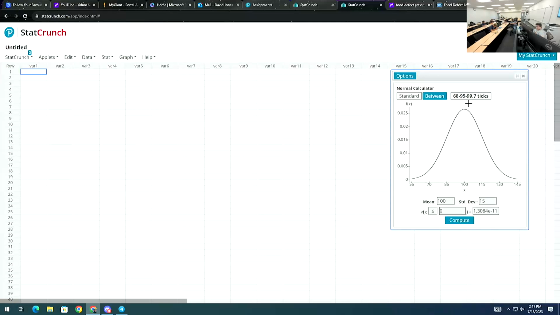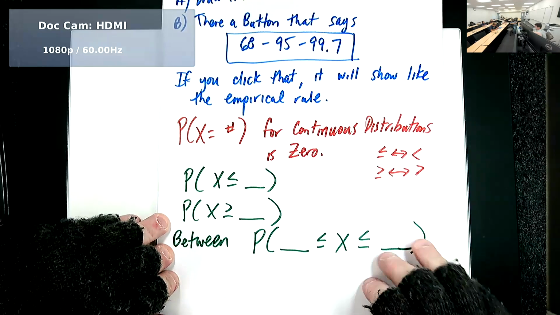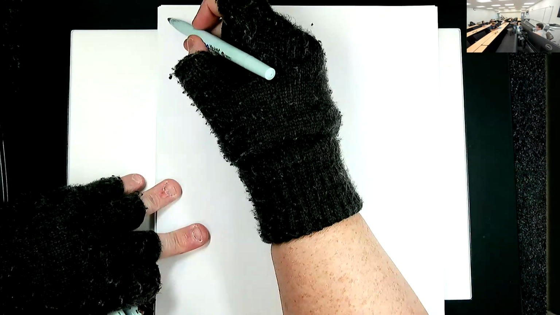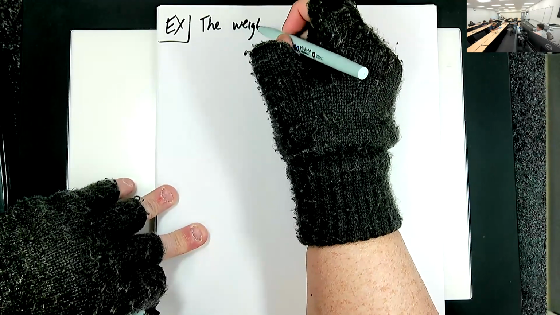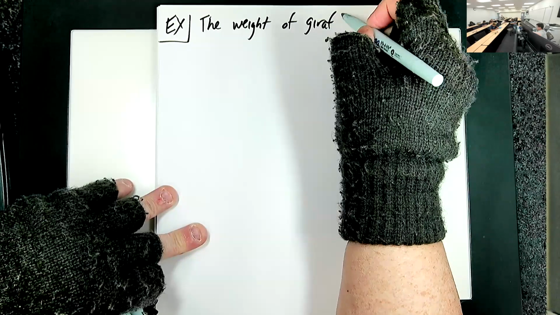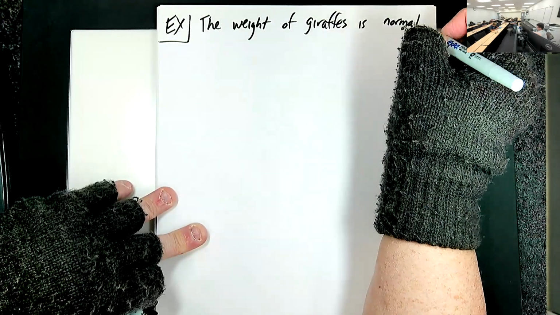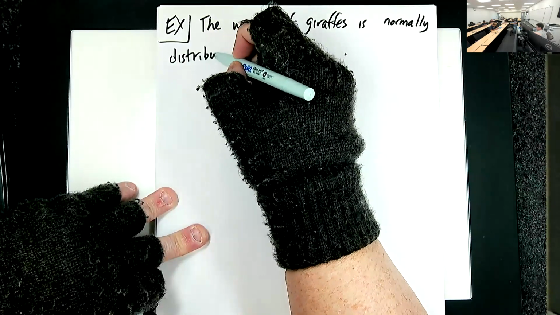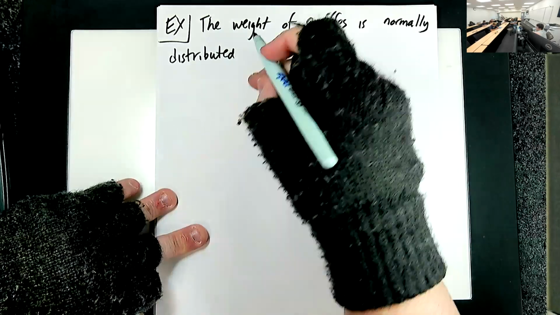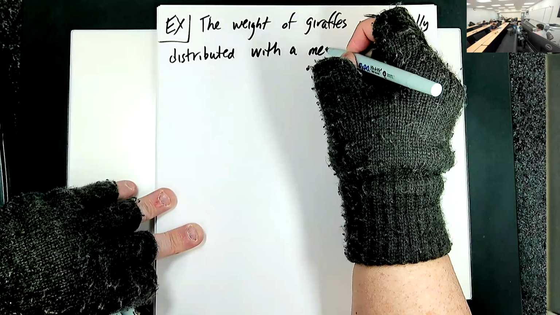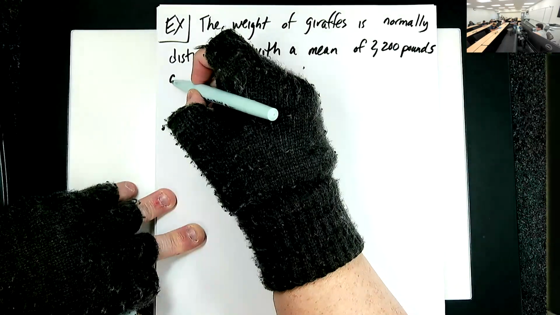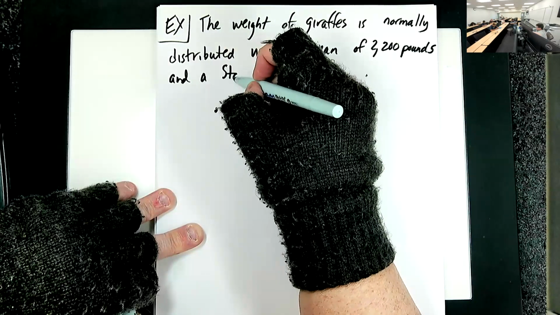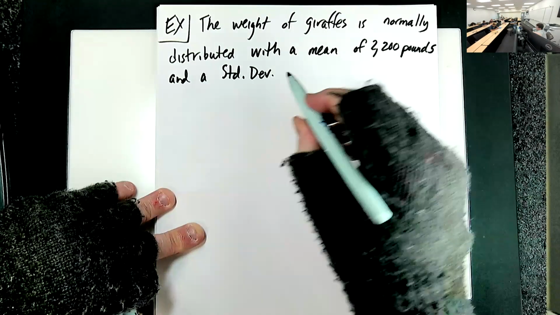They will ask you questions like this. The weight of a giraffe, the weight of giraffes in general, not just one giraffe, is normally distributed with a mean of 2,200 pounds and a standard deviation of 200 pounds.